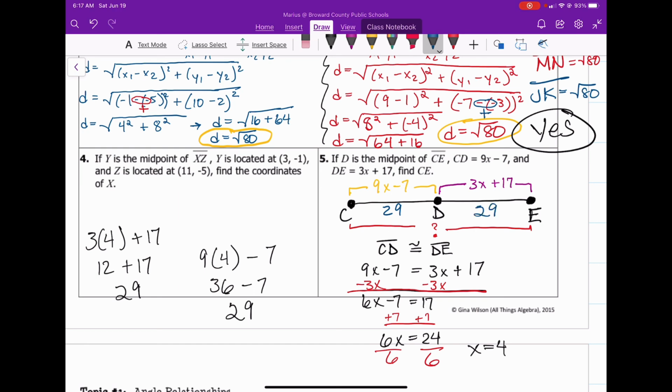But the question is, what is CE equal to? CE is the whole thing. So we have to do 29 plus 29, which is 58. So CE is equal to 58.